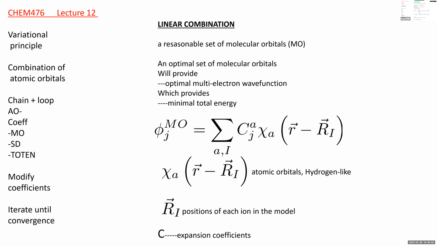So again, with indices, the index J is the index of the molecular orbital, and indices A stand for s, p, d, and I stands for different ions.